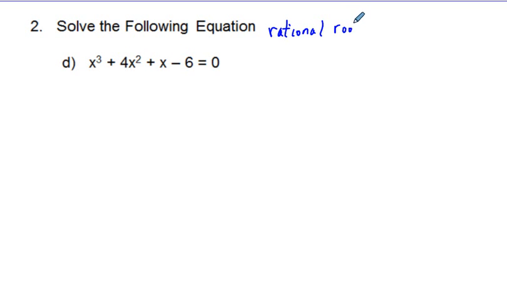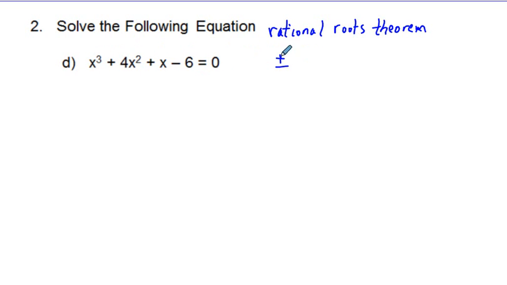And if you recall last year, or wherever you took precalculus, I hope you went over the rational roots theorem, and that is the possible rational zeros are going to be plus or minus the factors of the last term over the factors of the coefficient of the first term, plus or minus.